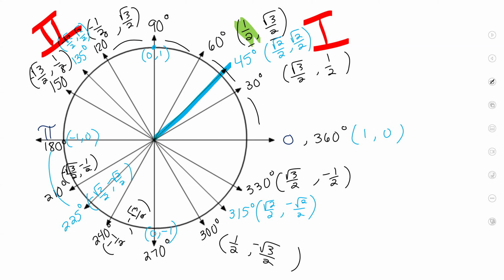Okay, now let's go through and do the radians for everything. So far, we did the degrees and we did coordinates. All right, so we're going to now do the radians.